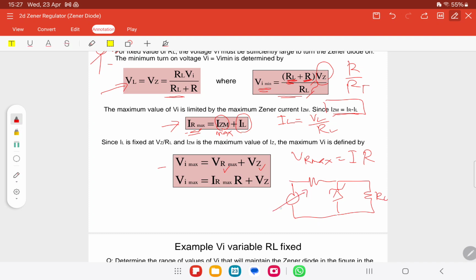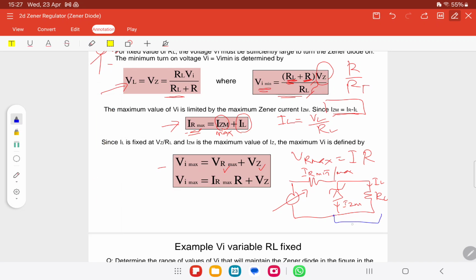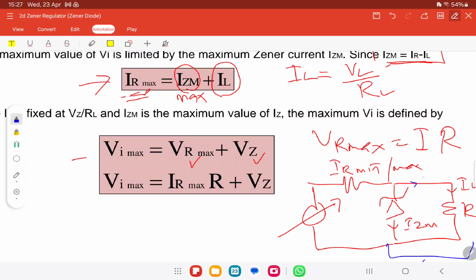So we vary this one. Here there will be IR min and max. The back part is fixed. Here is IZM. This part is fixed. So if this is fixed, IL is fixed, IZ is also fixed. So what varies is IR.